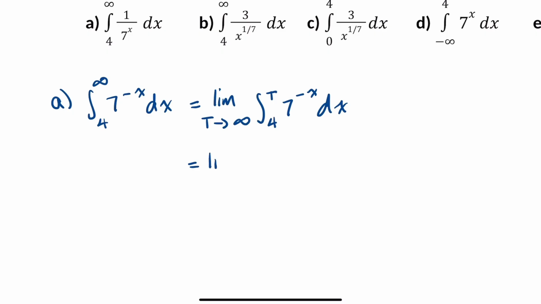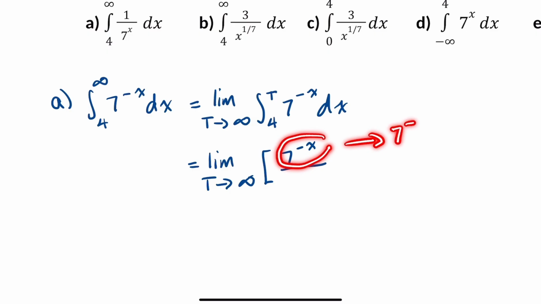We can say that this is the limit as t approaches infinity. And to find this antiderivative, all we have to do is just do a guess and check. So if we were to take the derivative of this right now, we would get 7 to the negative x multiplied by the derivative of the inside, which is the exponent, multiplied by ln of the base.